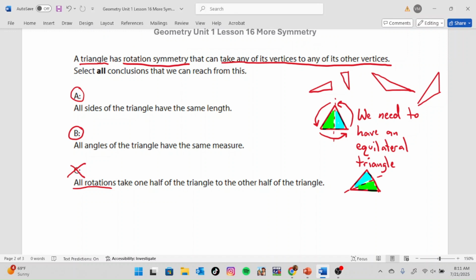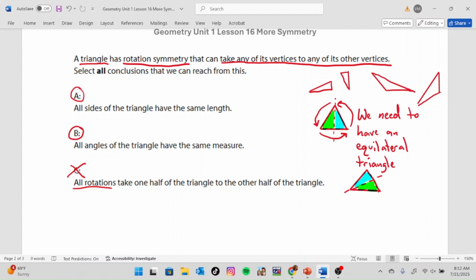So on this one, the first thing we needed to figure out is that we could not do this with an acute triangle. We could not do this with an obtuse triangle. We would need to have an equilateral triangle.